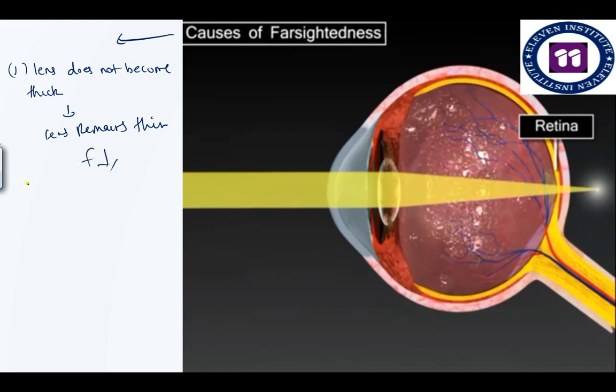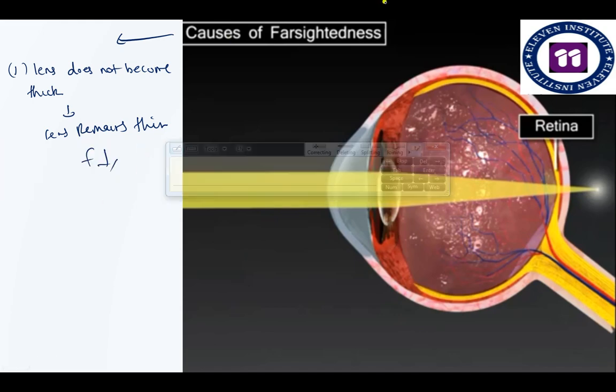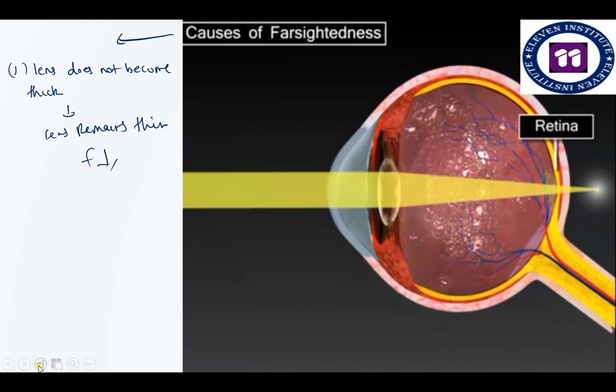The focal length is more. This is the main problem for far-sightedness, that the focal length is more. Due to this the image is formed behind the retina.